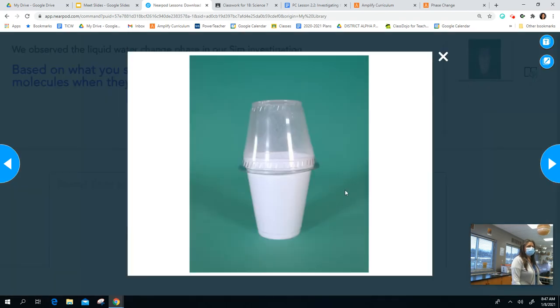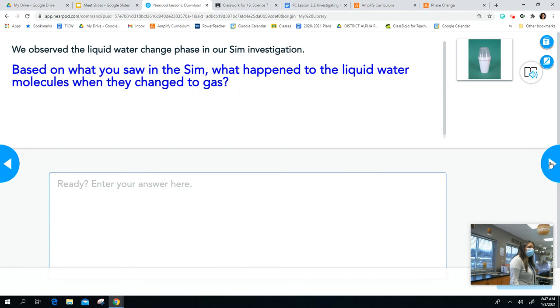So we're referring to the experiment from yesterday. If you didn't do it, basically, or watch the video, there was hot water in that foam cup, and the liquid water changed to a gas. So you're just explaining how those molecules changed during that process based on what we've learned today.